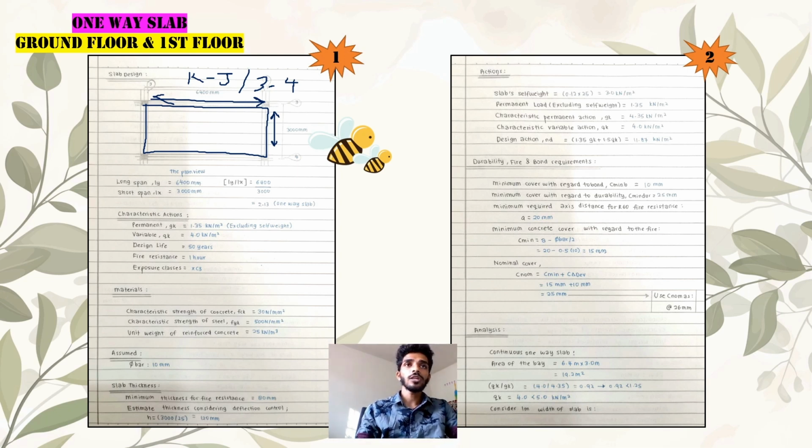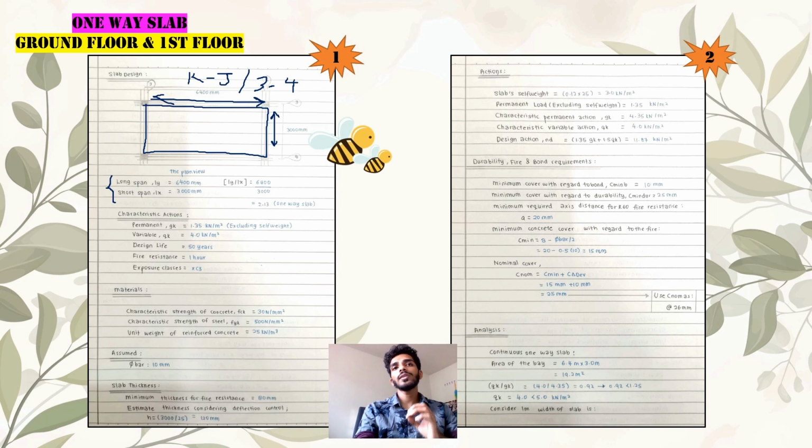First, the step is to identify the long span versus the short span. The long span is denoted by Ly and the short span by Lx. The longer one is Ly, which is equivalent to 6400, the horizontal axis, and the short span, Lx, the vertical axis, is equal to 3000 millimeters.